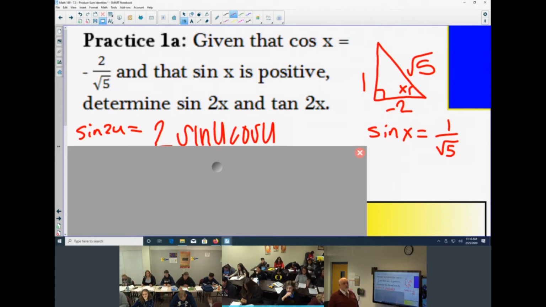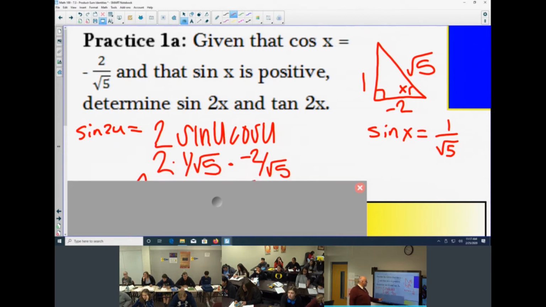Okay, so what's the sine of x? 1 over radical 5. And what's the cosine of x? Negative 2 over radical 5.